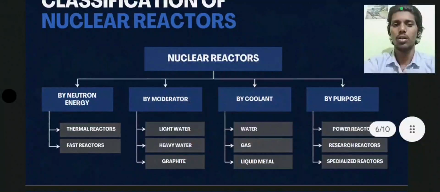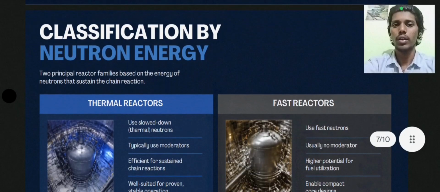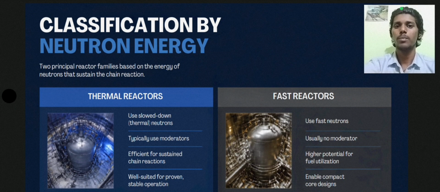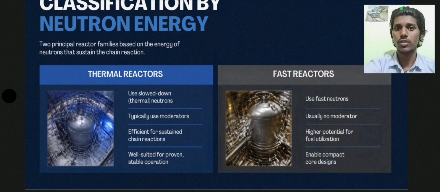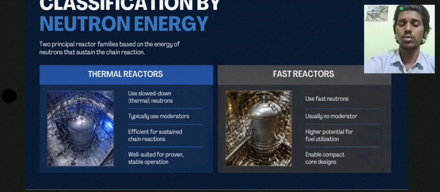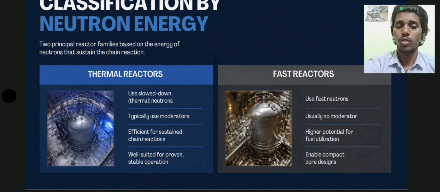Now we come to the topic classification by neutron energy. There are two principal reactor families based on the energy of neutrons that sustain the chain reaction: thermal reactors and fast reactors. Thermal reactors work by using slow neutrons and typically use moderators.